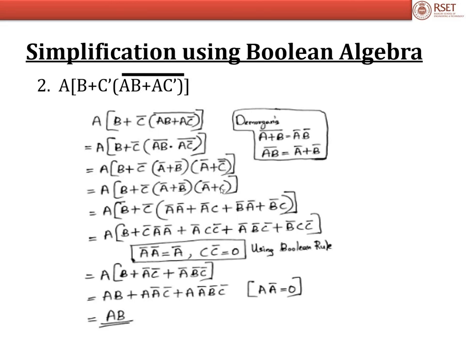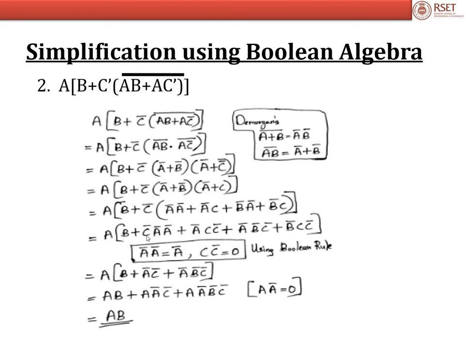So it is written here as a into (b plus c bar) into (a bar plus b bar) into (a bar plus c). Next step, these two terms are multiplied. So a into (b plus c bar) into (a bar plus a bar c plus a bar b bar plus b bar c). Again this c bar is multiplied here.